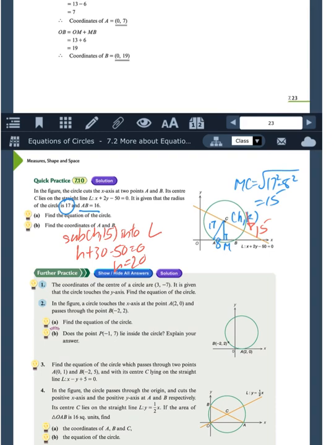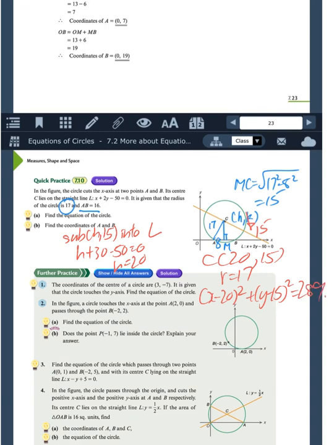Then h equals 20. Now we have the center (20, 15) and the radius 17. Therefore, the equation of the circle is (x minus 20) squared plus (y minus 15) squared equals 17 squared. 17 squared should be 289.